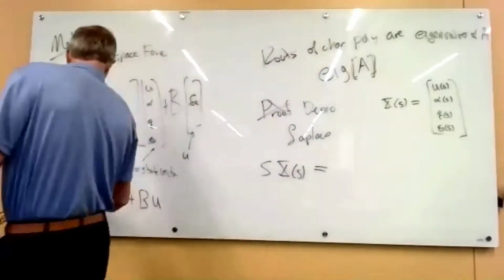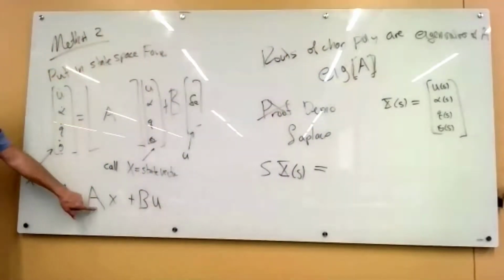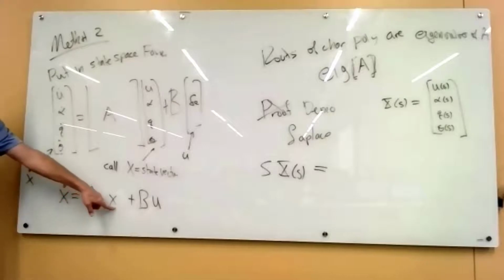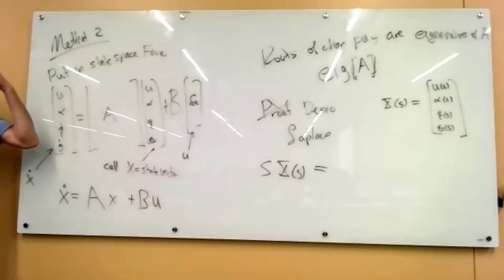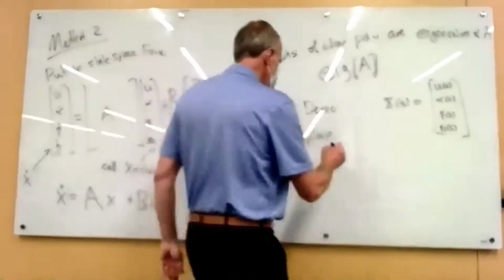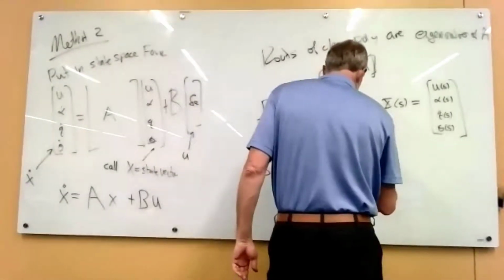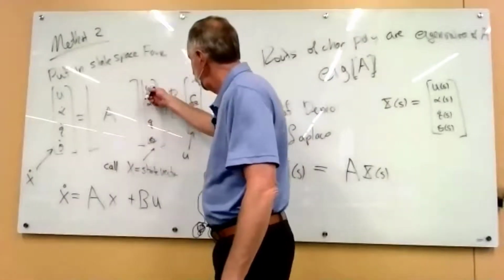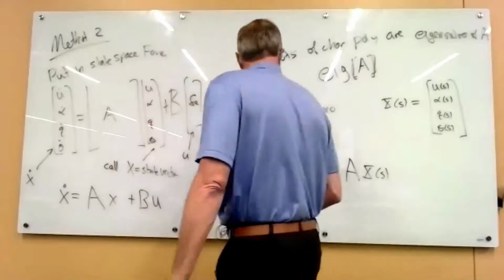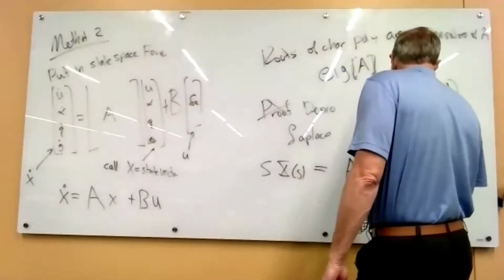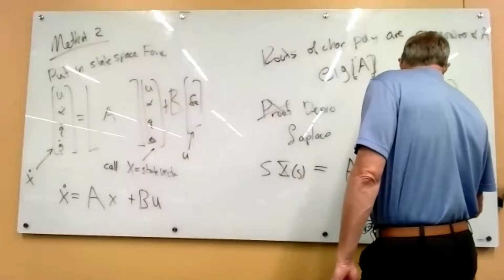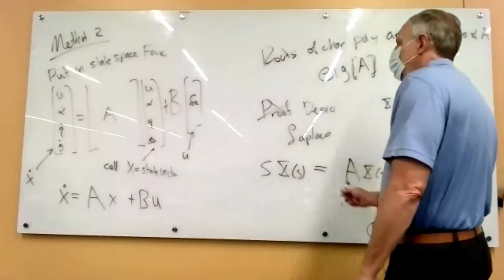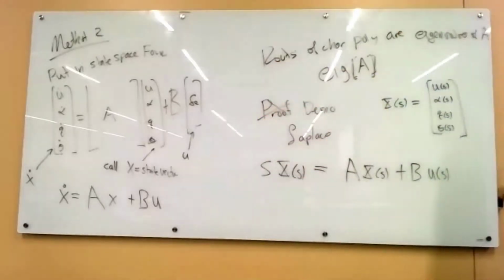And A is just numbers, so we know that Laplace of a number times a variable, you just pull the numbers outside, right? So we get A x of s, so that's the Laplace of the x vector, which is just u of s, alpha of s, q of s, theta of s. B is a set of numbers. Whatever u is, the input vector or the input values, that's a time function.